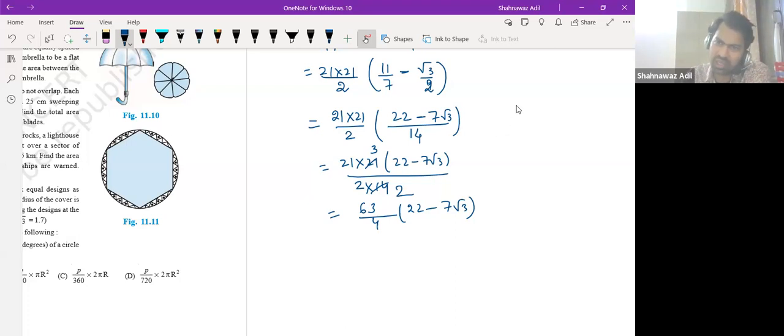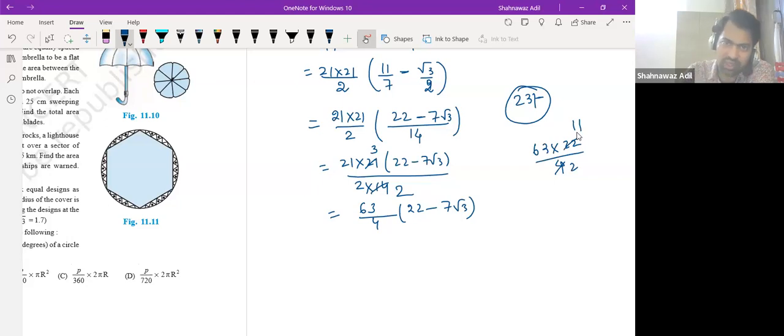So in NCERT, they have got 231, right? So how did they do it? Because if we multiply 63 into 22 divided by 4, we will not get 231, right?